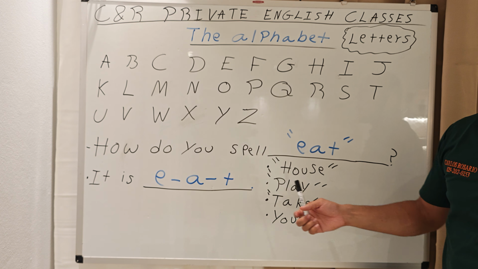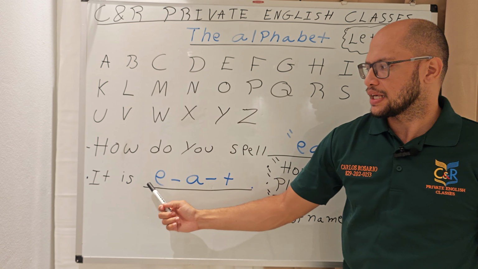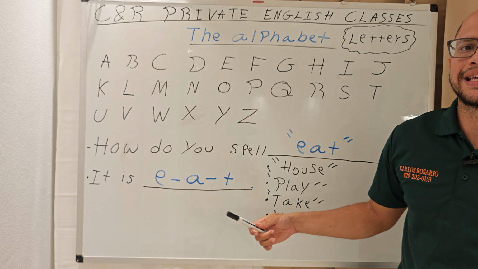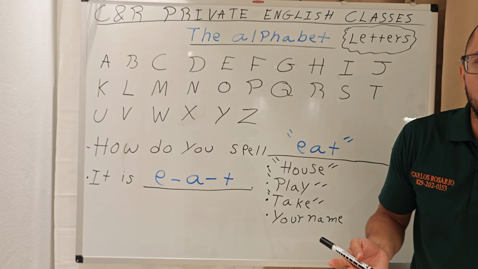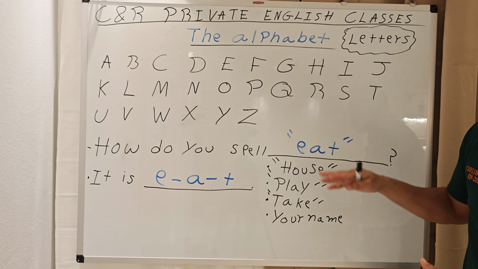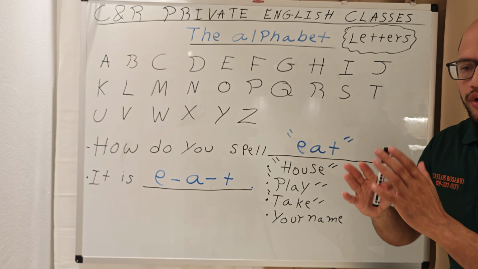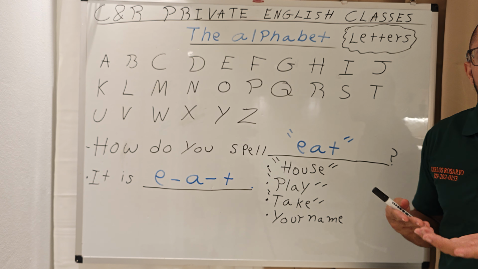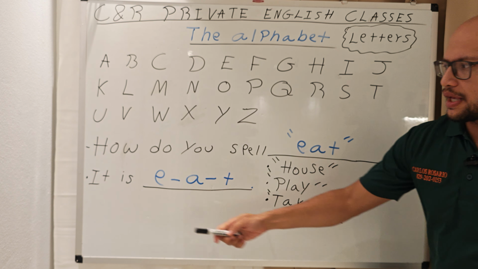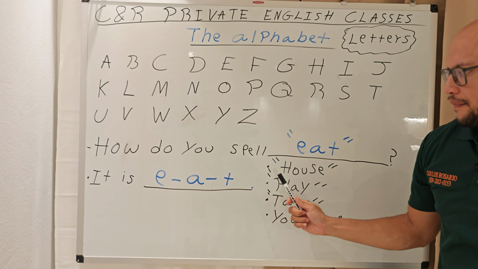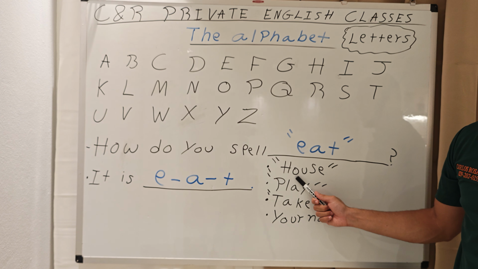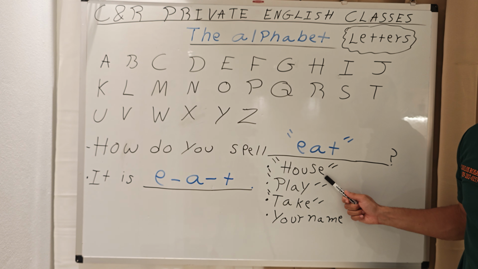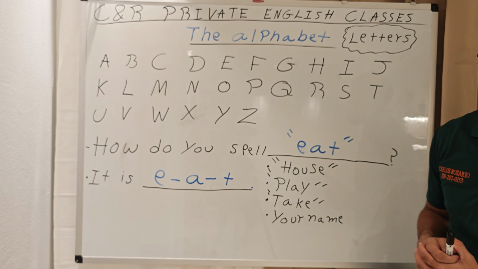Then the answer is, it is E-A-T, eat. But also you can change it and use other words like house. How do you spell house? It is H-O-U-S-E, house.